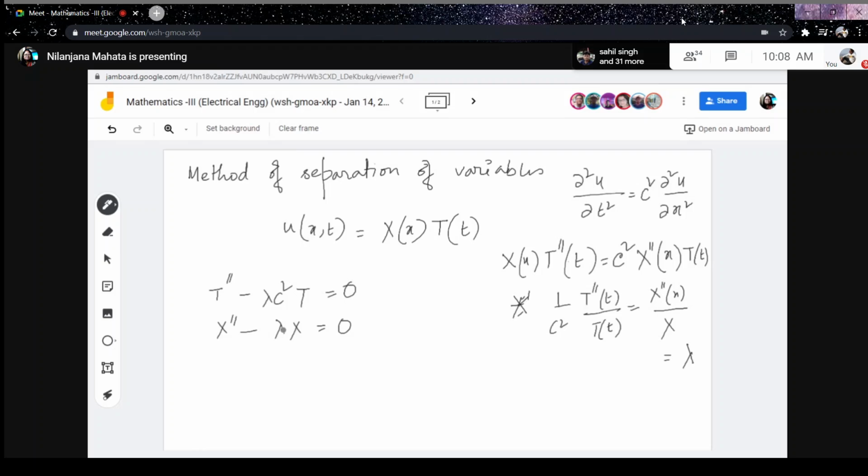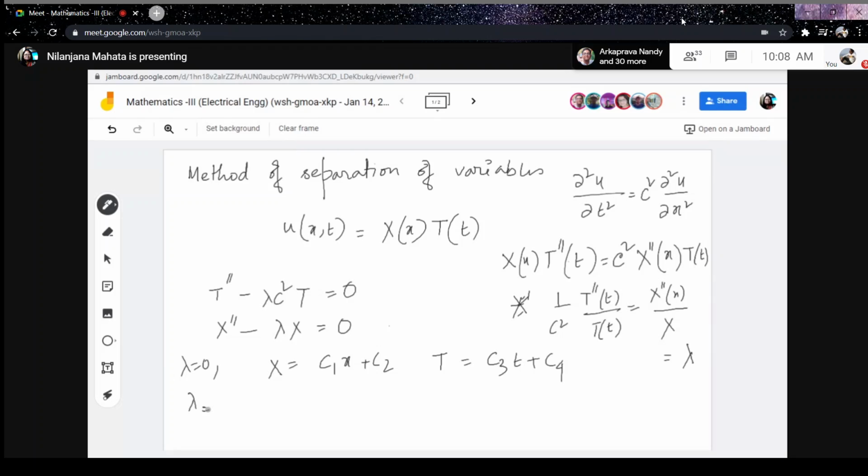Depending on this lambda, whether it is greater than 0 or less than 0, your solutions will differ. Suppose lambda is equal to 0, so X will be c1 x plus c2, and T will be c3 t plus c4.